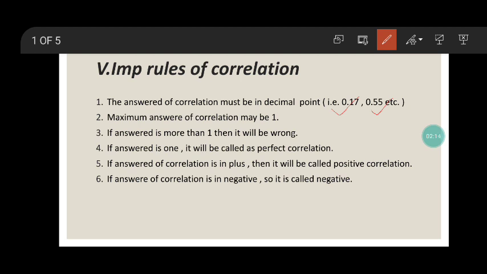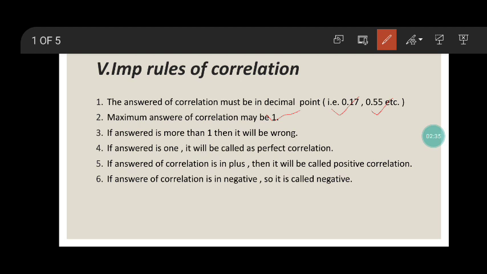And one more thing that we need to keep in mind is that your answer of correlation must be between -1 and +1. So the first rule says that the answer of correlation must be in decimal point. The rule number 2 says that the maximum answer of correlation may be 1.